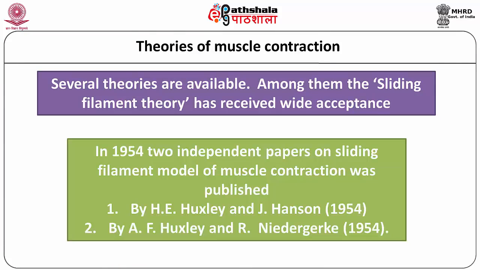In 1954, two independent papers came out on the sliding filament theory, or sliding filament model of muscle contraction. The authors were H. E. Huxley and J. Hanson, and in another group the authors were A. F. Huxley and R. Niedergerke.